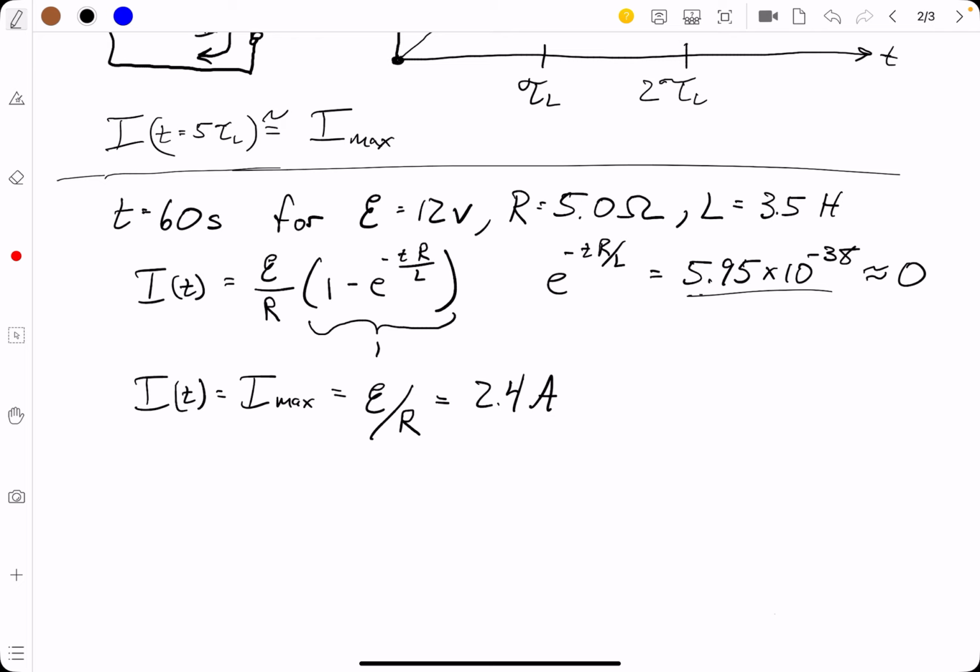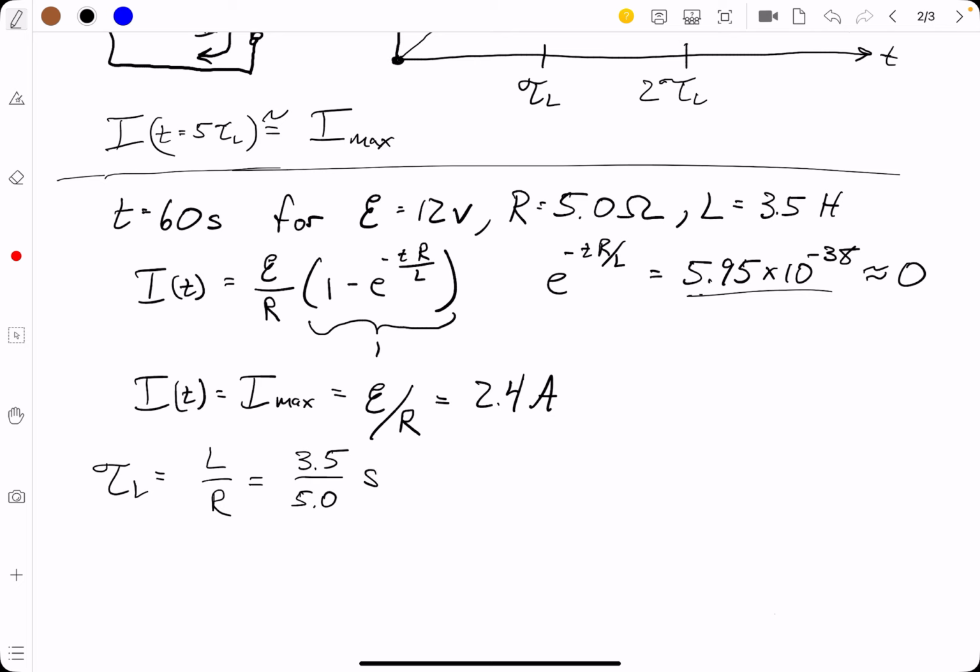I'd just like to know what is our tau L for this situation. Just curious. So what is it? It's L over R, and so that's 3.5, and we're going to divide by 5 ohms, and of course that's in seconds.